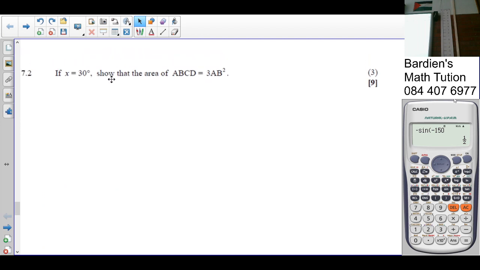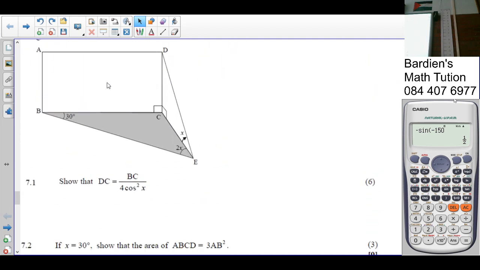So let's look here. In question 7.1, they ask you to show that DC is going to be BC over 4 cos 2x. So DC is going to be this length. Looking at cos 2x, of course, we need to bring that into play as well.